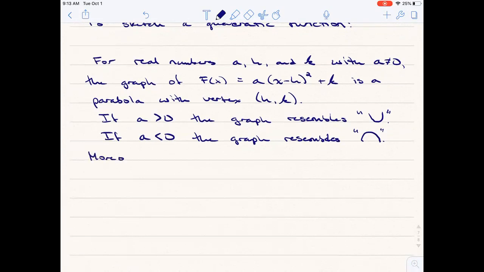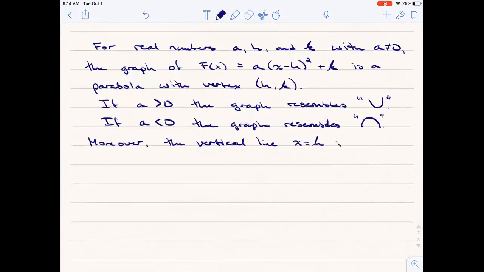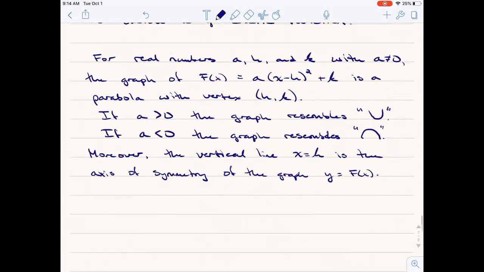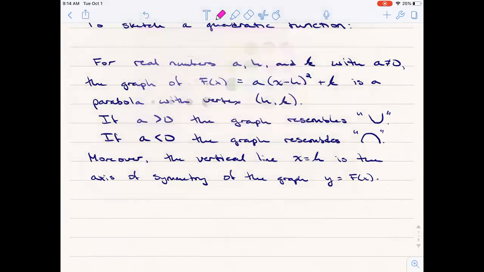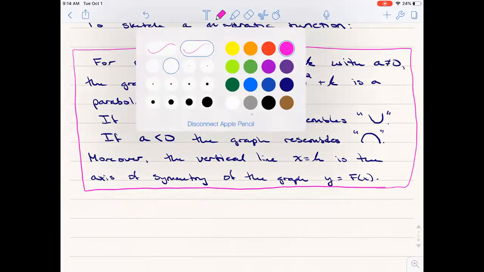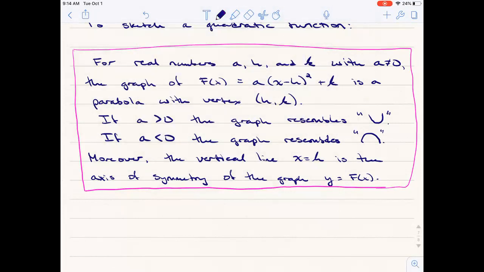So moreover, the vertical line x equals h is the axis of symmetry of the graph y equals f of x. So those are the rules of the game for quadratic functions.